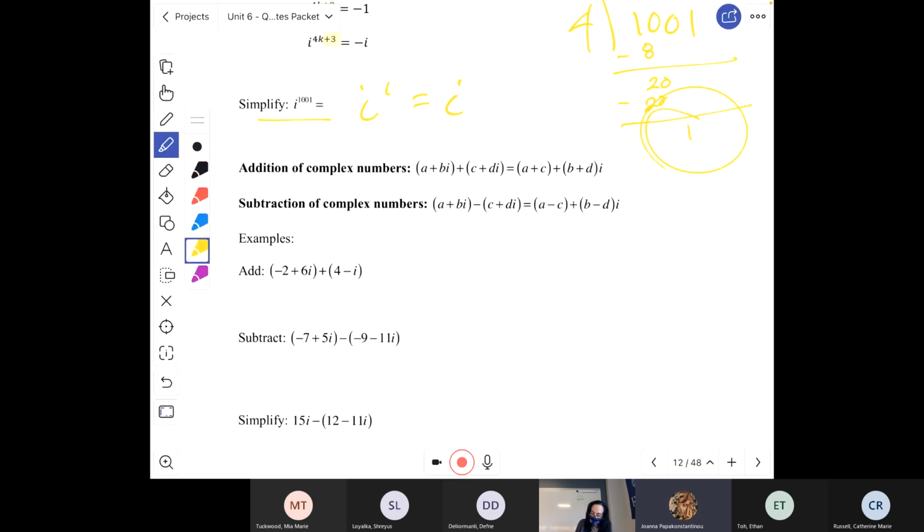It's not hard at all. So you're going to have real parts that in this case you could add together, or you could have real parts that you're subtracting. And then you do the same thing with the complex parts.